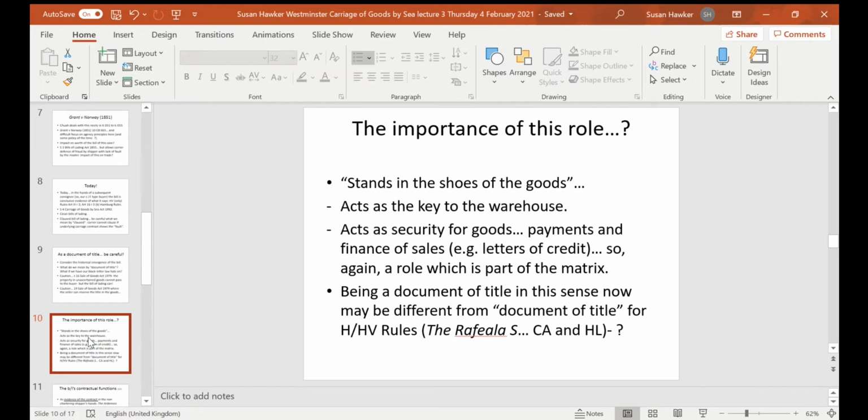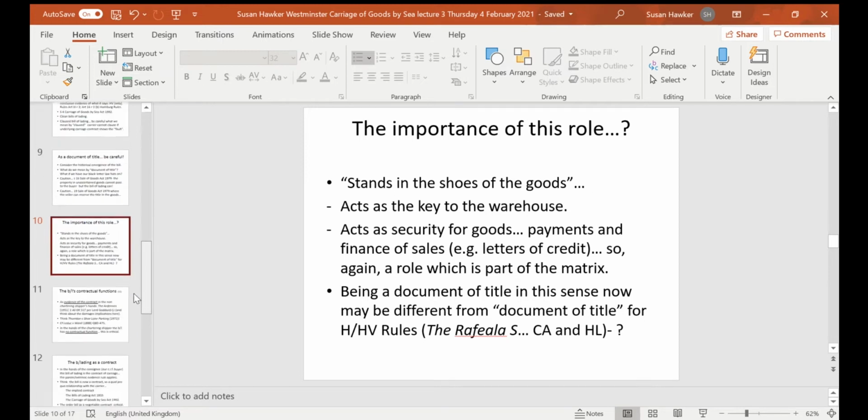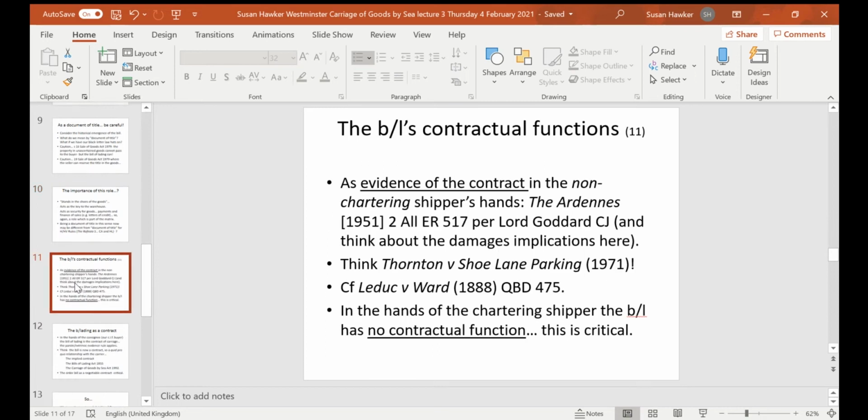And Lord Steyn speculated and discussed that a document of title for the purpose of standing in the shoes of the goods for security, for raising finance on letters of credit, might actually not be the same as being a document of title for the purposes of mandatory application of the Hague or Hague-Visby rules. And we will look at that, but it's worth flagging up now. So that is the importance of the Bill of Lading as a document of title.